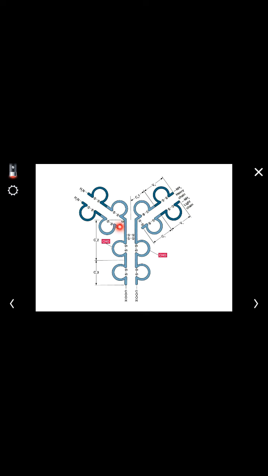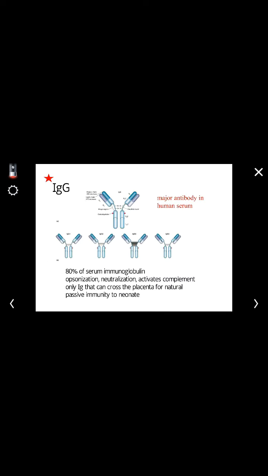Disulfide bridges all throughout here. Constant and variable domains, hypervariable regions right here. These are what give specificity to binding to antigens.